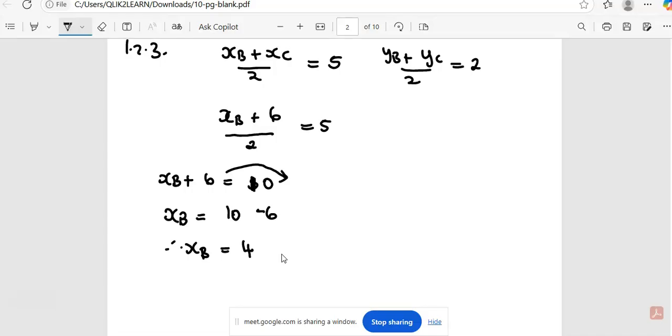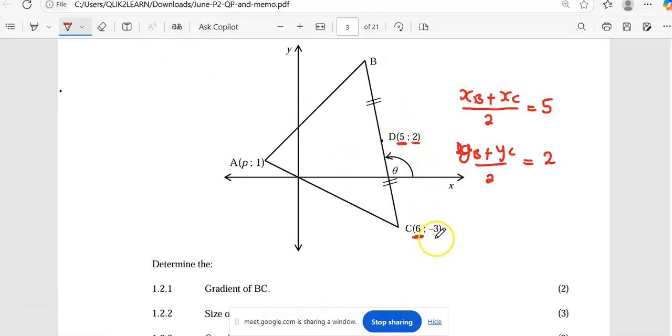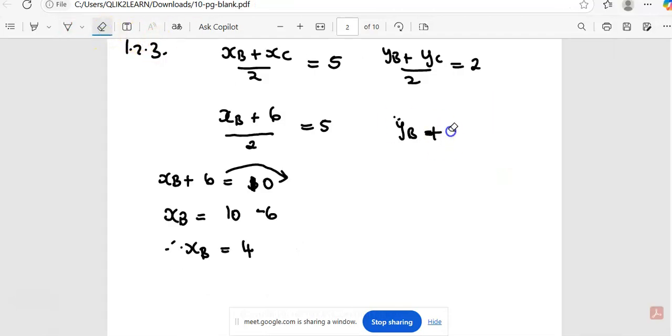So we do the same to find the corresponding y value of B. I cross multiply and write the y of B plus the y of C. Let's substitute the y of C, which we said is minus 3.